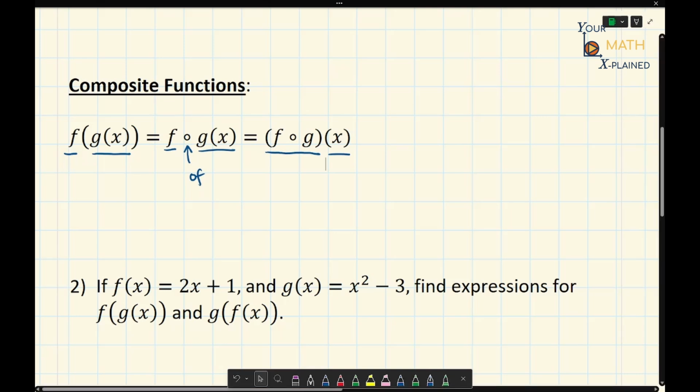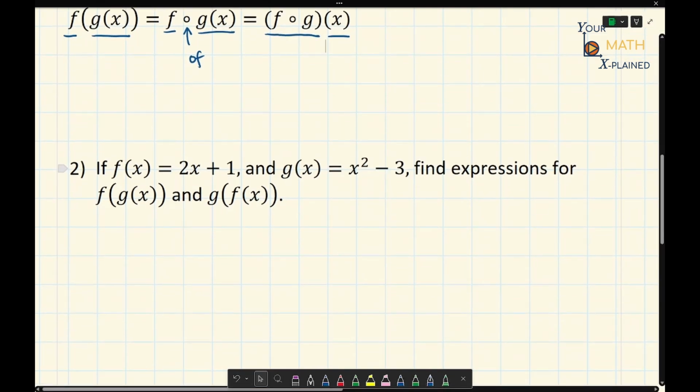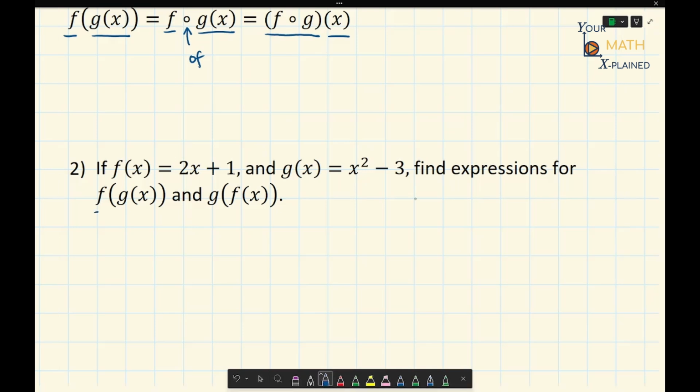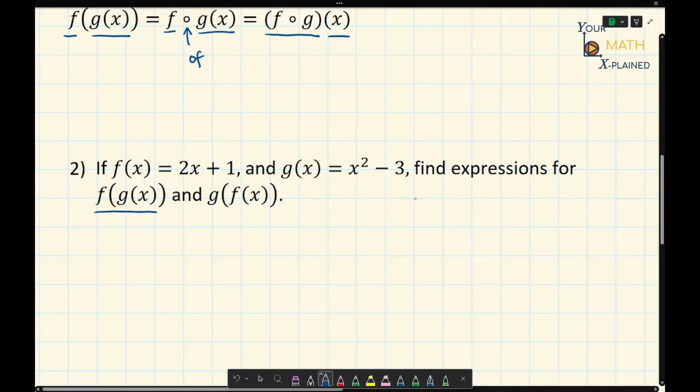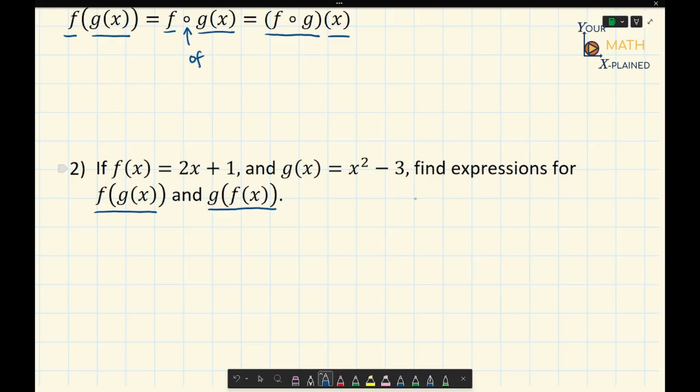Okay, so let's start with an example here. If we have f of x is 2x plus 1, and g of x is x squared minus 3, we wish to find f of g of x and g of f of x. Let's start with f of g of x.